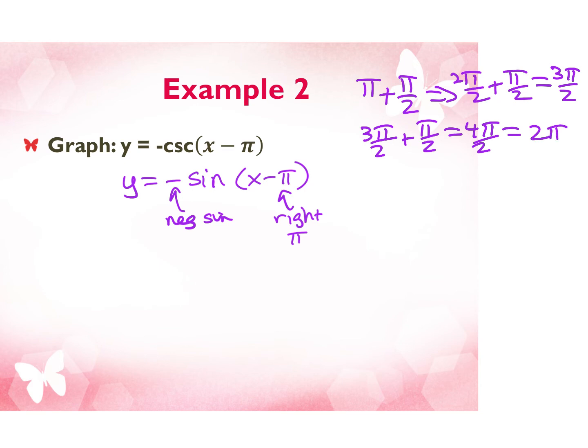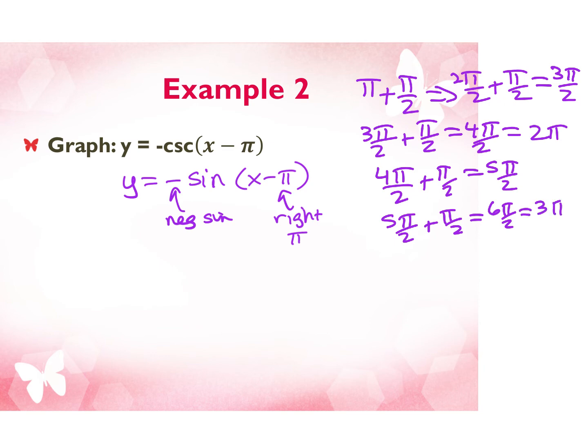Again, I need to get 4 points where I'm adding pi over 2. I'm going to take the unsimplified 4 pi over 2, add pi over 2, and I end up with 5 pi over 2. And then do the next one, 5 pi over 2, add pi over 2, 6 pi over 2, which is just 3 pi over 2.